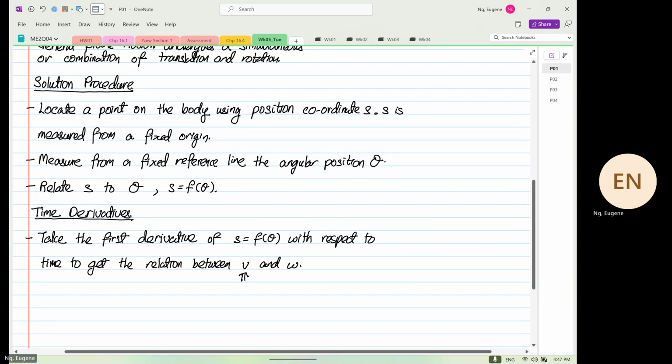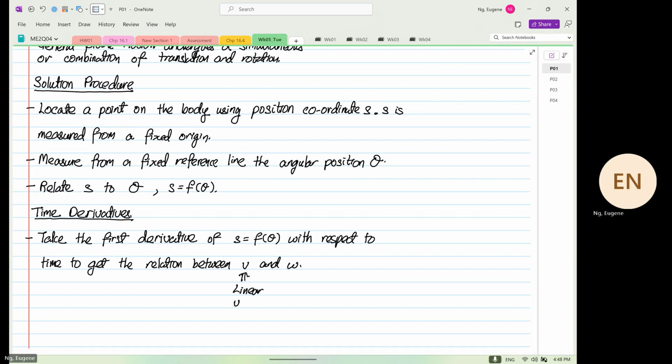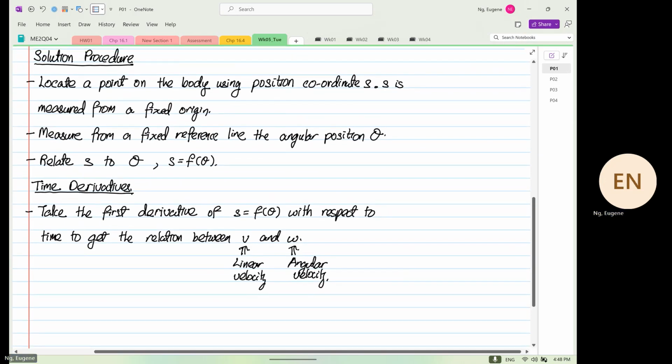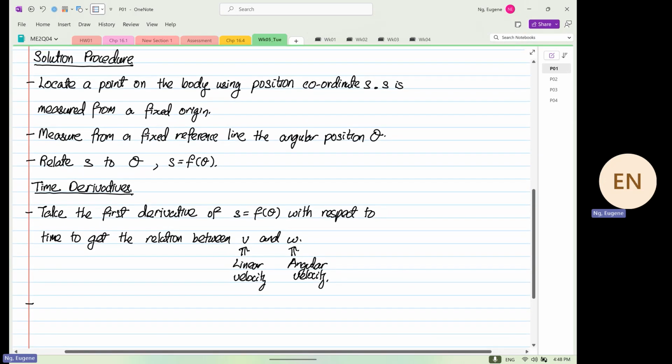This is our linear velocity, and this will be your angular velocity. And then from here, good luck, Eugene.